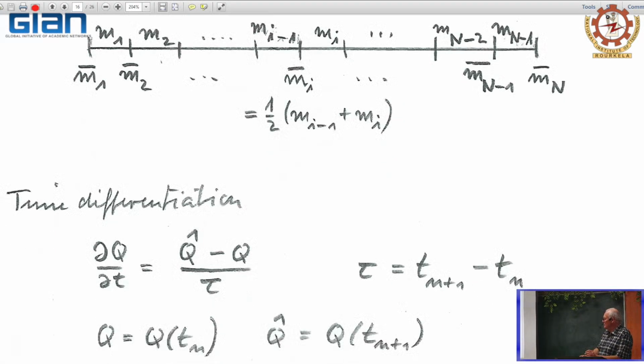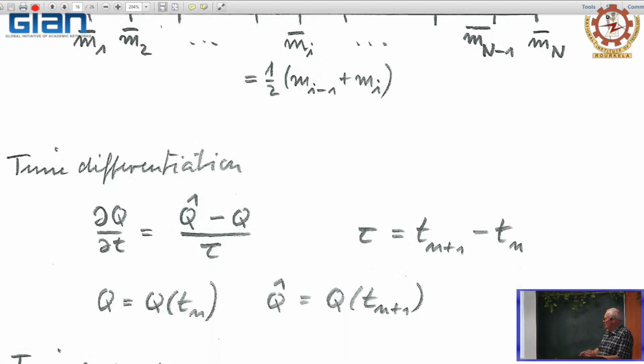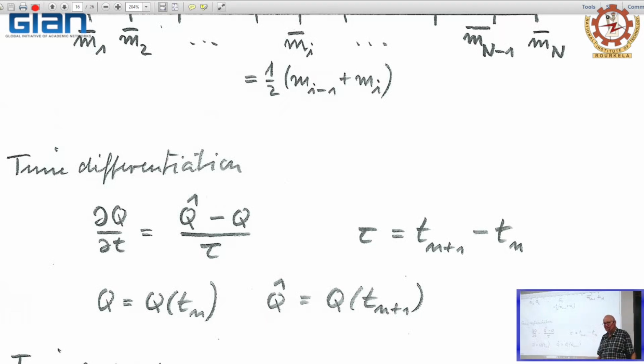Time differentiation is done in the following way. We have two consecutive time steps, t_n+1 and t_n. These are two different times at which the solution is to be evaluated, and the difference of these times is the time step tau.